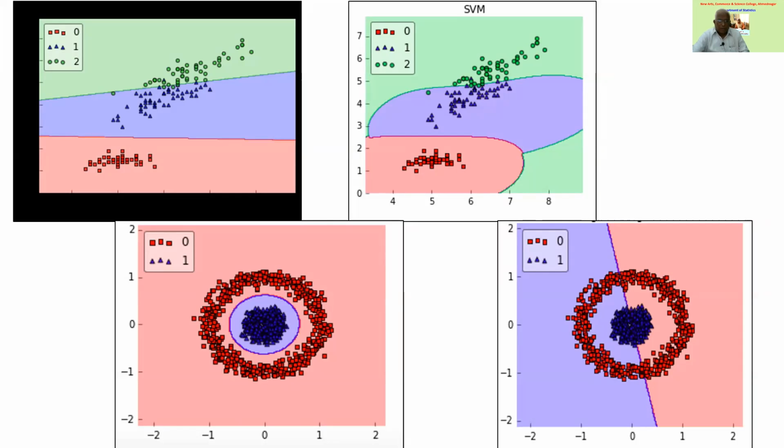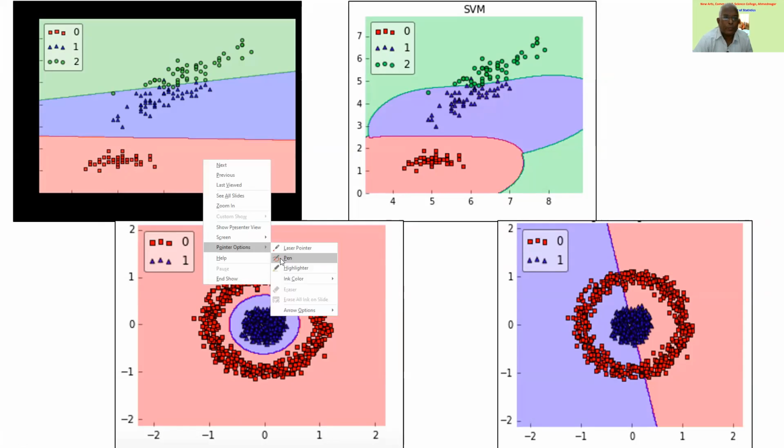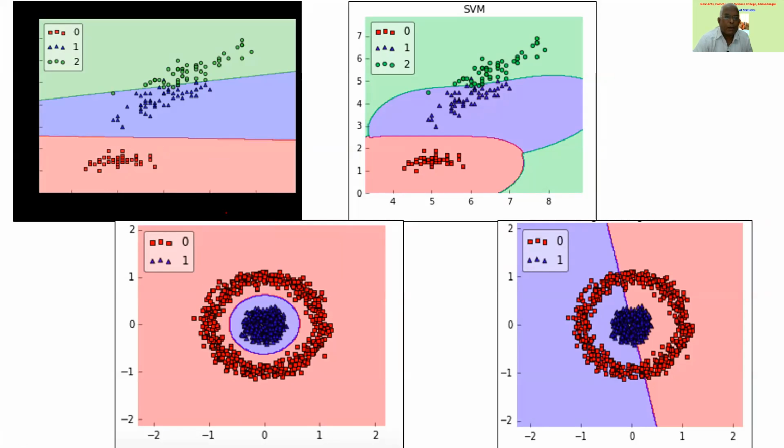One type of data, for example, this one, you can see this data. This is quite separable from the rest of the two data sets. And if you see these two data sets, they are a little bit mixed.